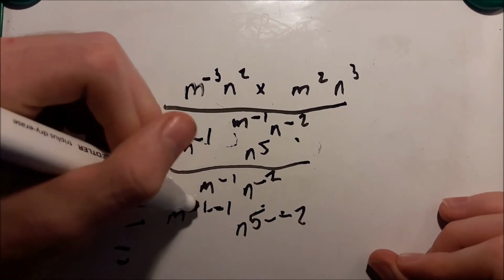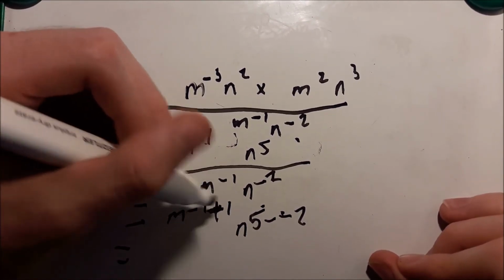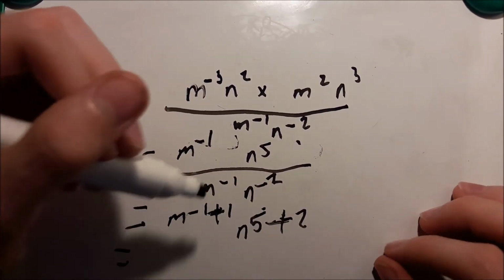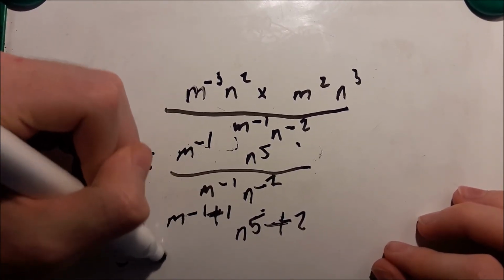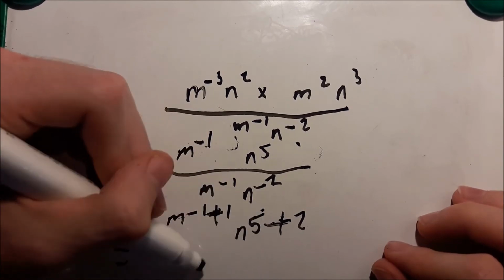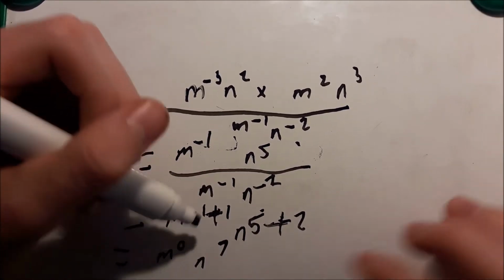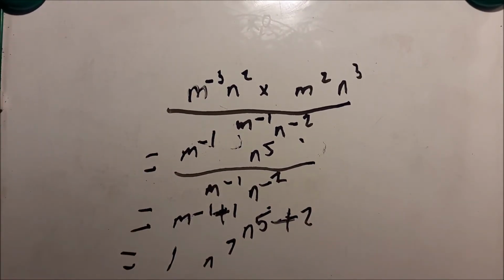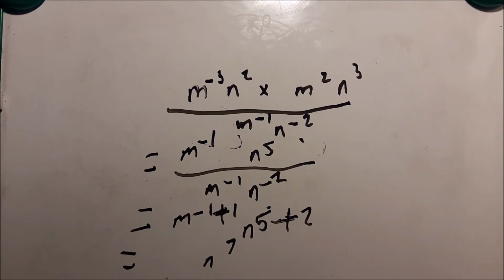So m to the power of minus 1 is just as well saying plus 1, and this is also saying 5 plus 2, and then minus 1 plus 1 is m to the power of 0, and n to the power of 7. So we can just as well say that's equal to 1, and we don't even have to have the 1 there. So basically it's equal to n to the power of 7.